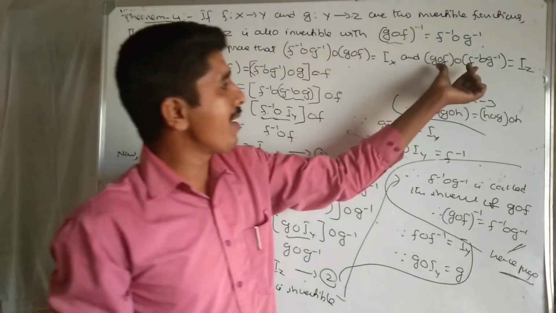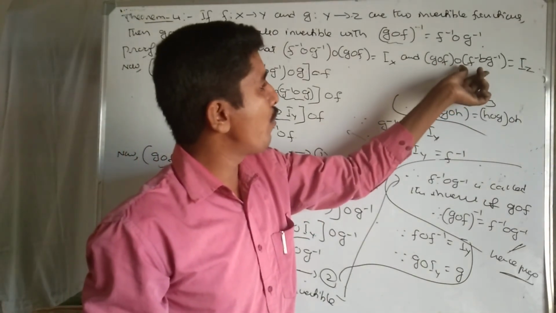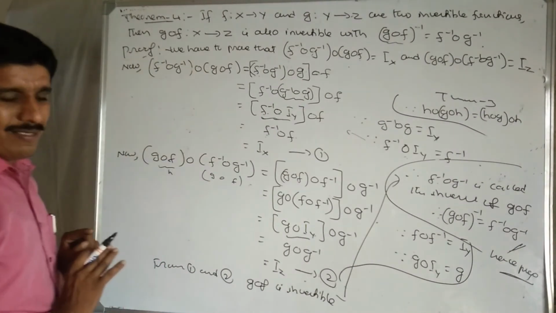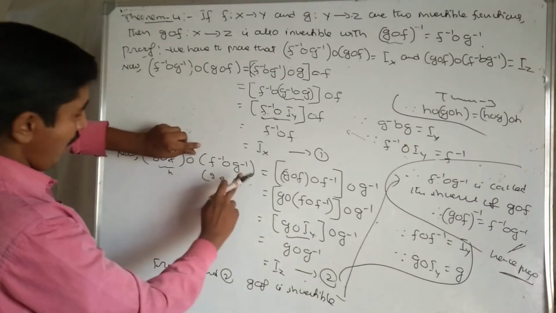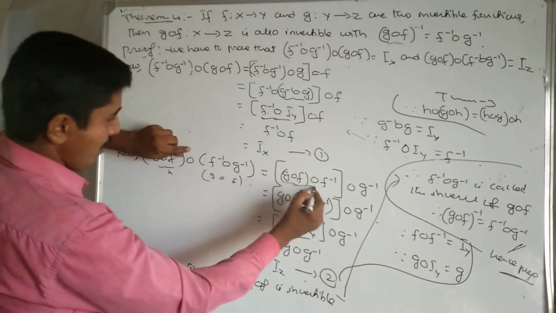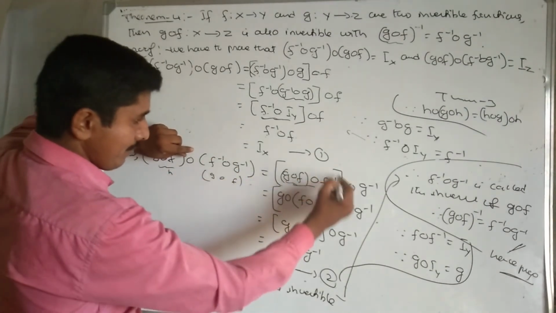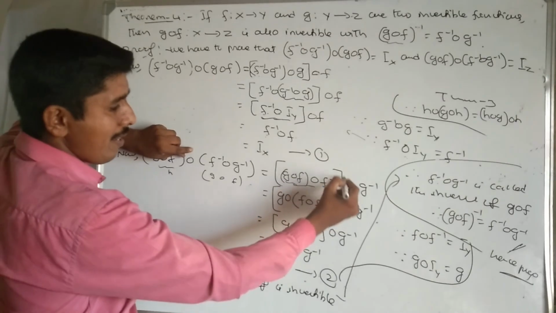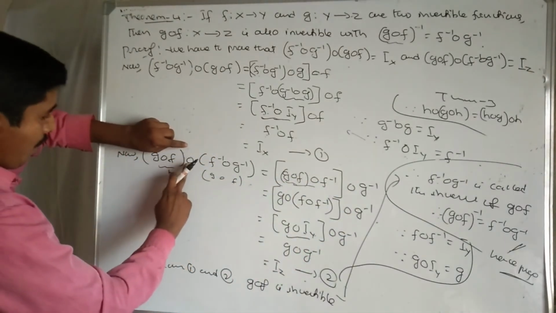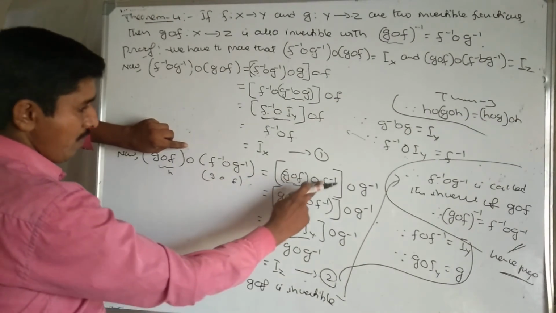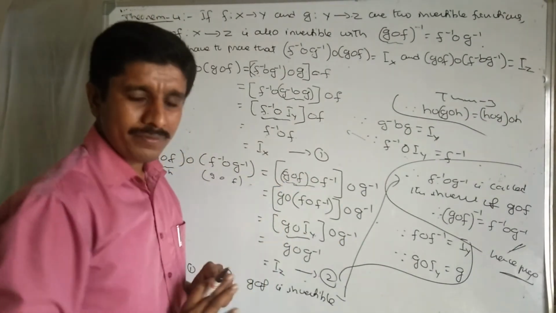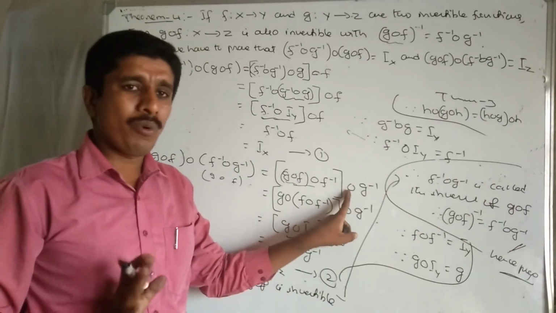Next, second one here, the LHS: (G o F) o (F inverse o G inverse). Similar to the last case, G o F as it is, o F inverse, take bracket here, square bracket, o G inverse. Got it? According to the last theorem, don't remove the o.